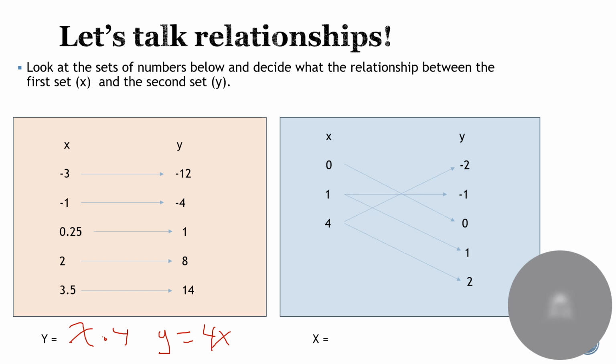4 is going with the -2 and the 2. And so if you square a -2, so multiply it by itself, -2 times -2, that would give you a 4. And if you square a 2, 2 times 2, that would also give you a 4. If you look at the 1 here, you see that maps to 1 and -1.